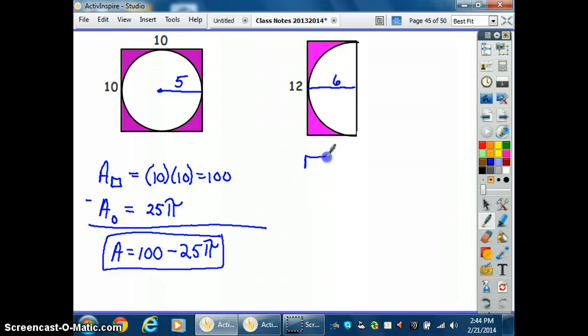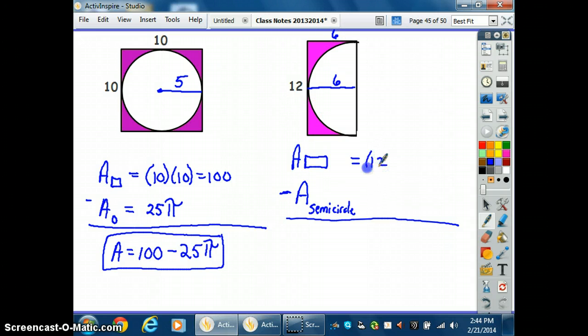Okay, so if I take my rectangle area and I subtract the area of the semicircle, I will find my answer. Okay, so the rectangle's dimensions are 12 by 6. 12 times 6, which is 72.